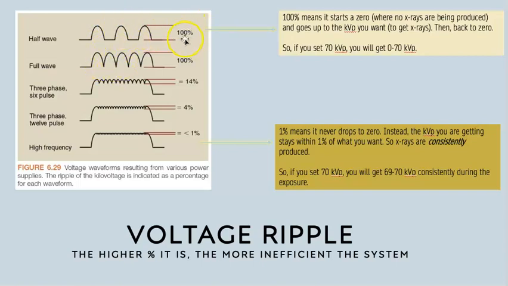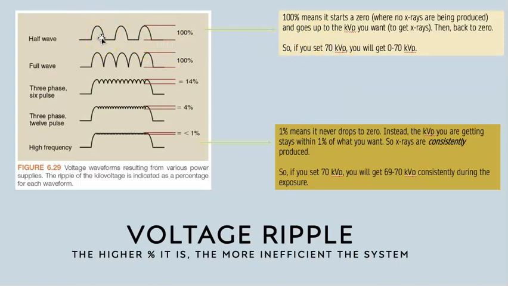In this case, we have 100% ripple, and what that means is we start at 0 down at the line, and no X-rays are produced because there's no potential. There's not a positive on the anode and negative on the cathode that wants to make everything start to move. We have nothing. But then up here, we have our 70 kVp. And then it drops back down to 0.